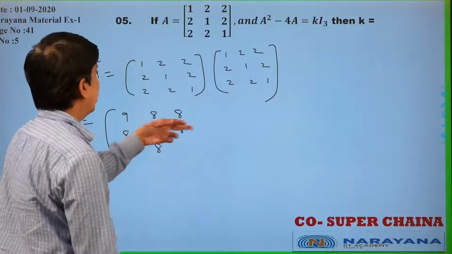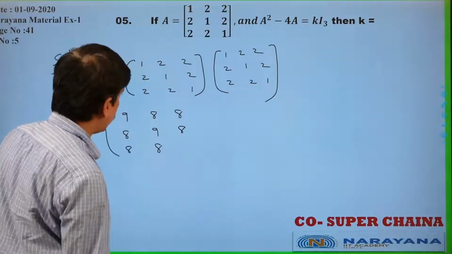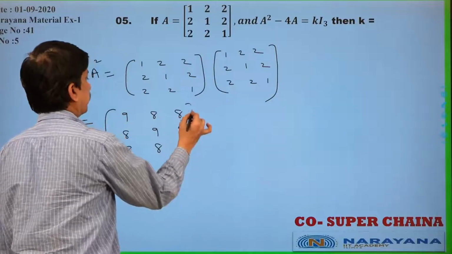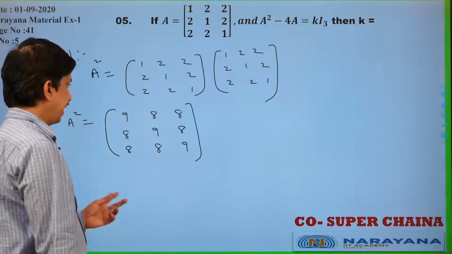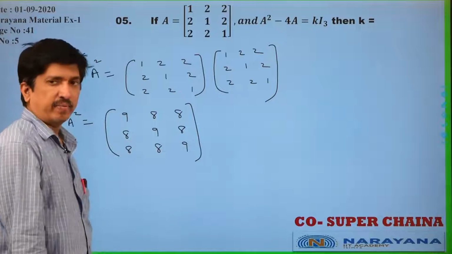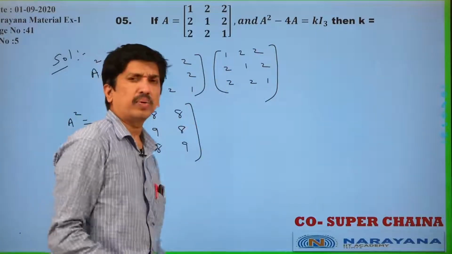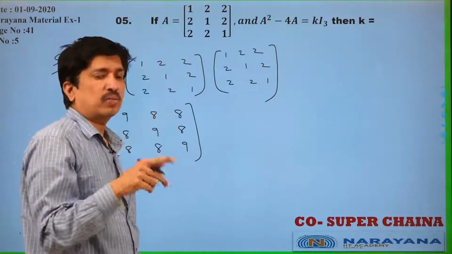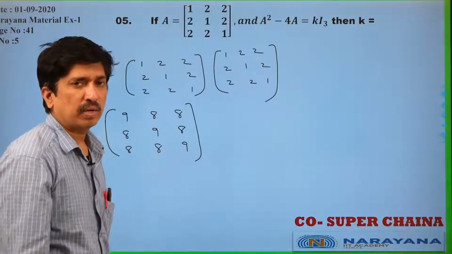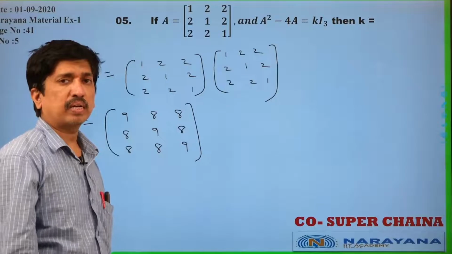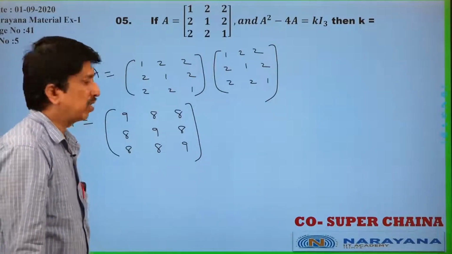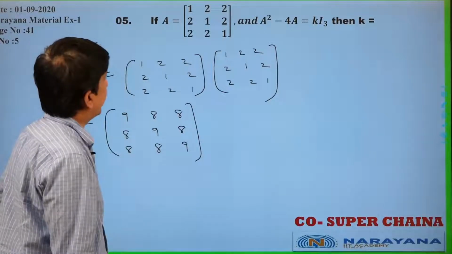Third row, third column: 4 plus 4 plus 1, 9. So 9, 8, 8, 8, 9, 8, 8, 8, 9 we got. Just do the product properly, you will get this one. Is it clear or not? That is A square I got.